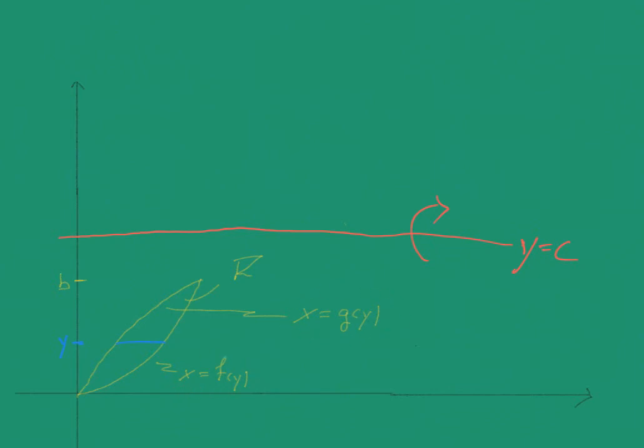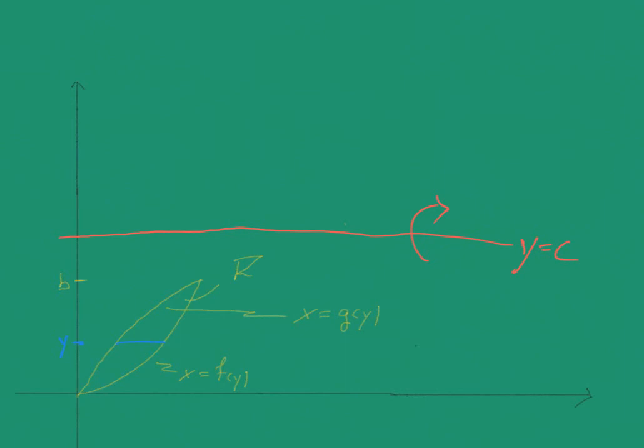In this case, as before, we're just going to take the horizontal line segment in R corresponding to points y, for y between 0 and b, and we'll rotate it about our horizontal line y equal to c. And we'll look to see what sort of shape we get.